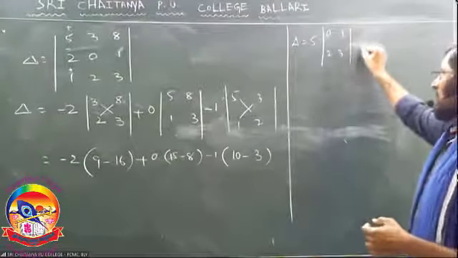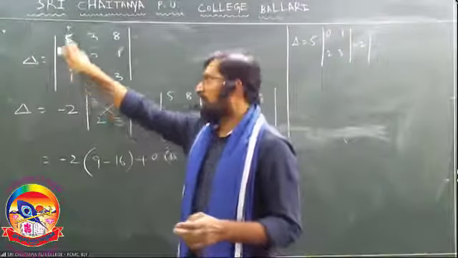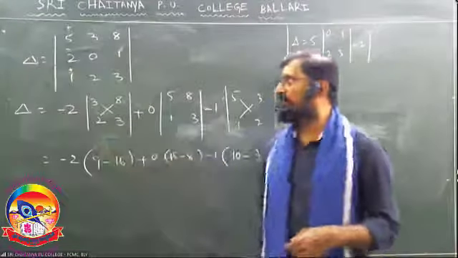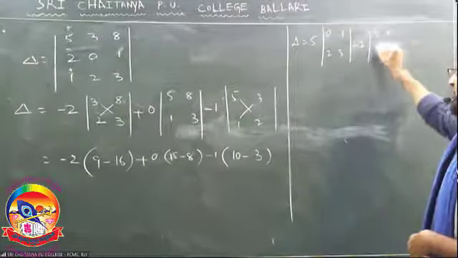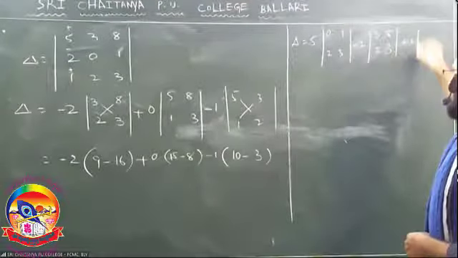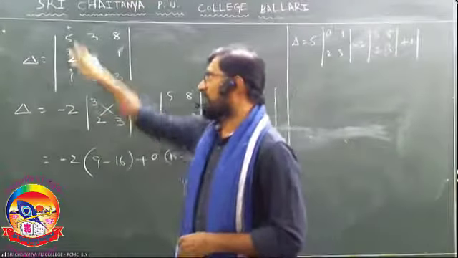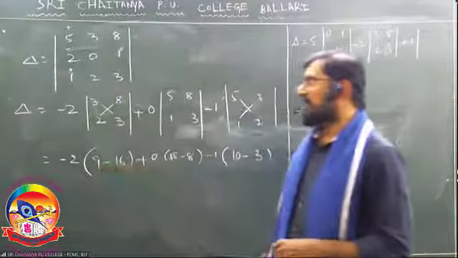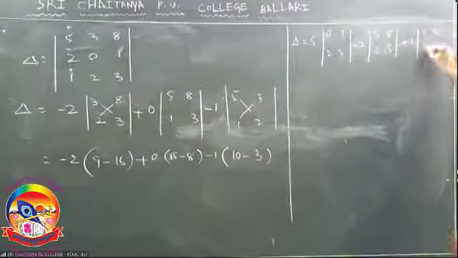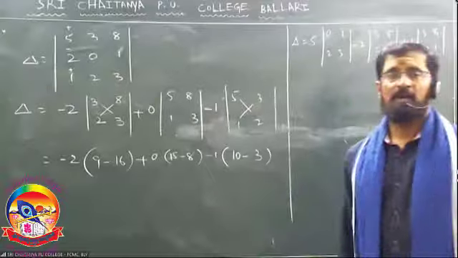After that, negative 2, that is minus 2 into, excluding this column and this row, you will have 4 elements, 3, 8, 2, 3, plus 1 into delta of, excluding this row and this column, 3, 8, 0, 1. You observe this one, the same answer you should get.